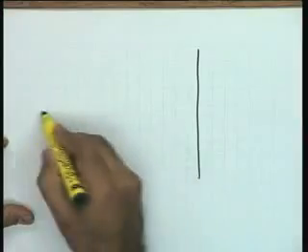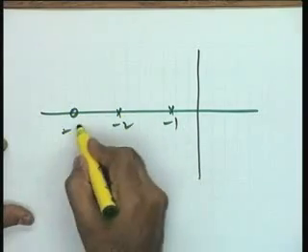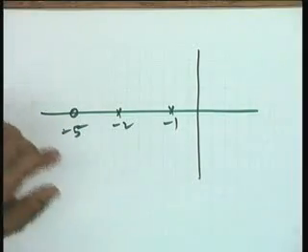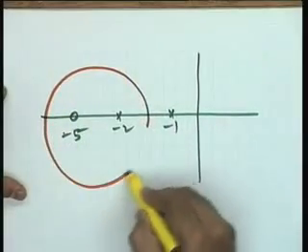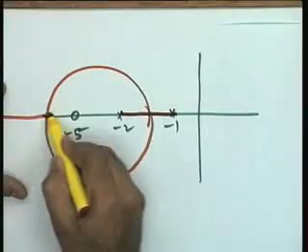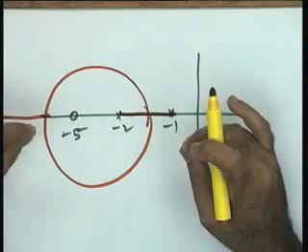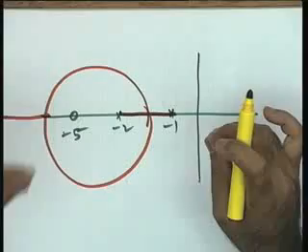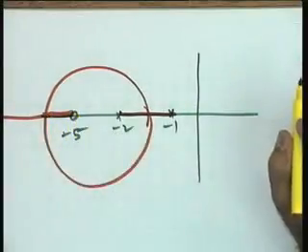Look at the sketch we made for the pole-zero system with -1, -2, -5. If I apply the angle criterion on this, all the points on the red lines satisfy the angle criterion, and all other points do not.